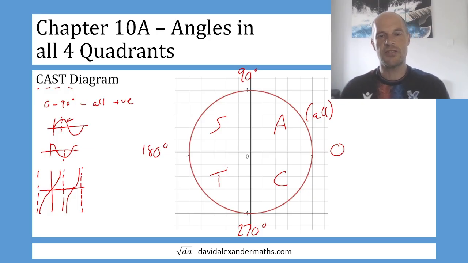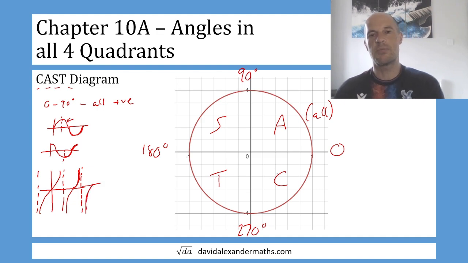Between 180 degrees and 270 degrees, tan is the only one that is positive. The sine is negative, cos is negative, but tan is positive. And between 270 and 360 degrees, cos is the only one that's positive. Again, we can see that is positive. We can see sine here is negative, and we'd have another bit of tan here, which would be negative.